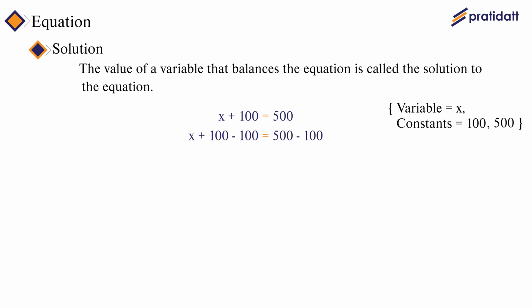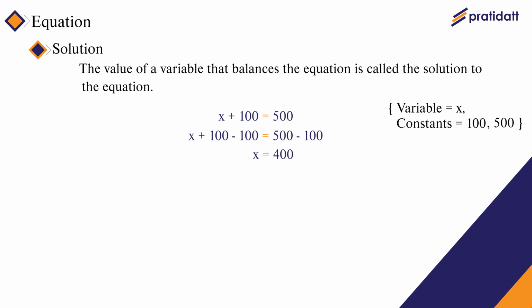Now, the plus 100 and minus 100 will become 0. That is, x plus 0 is equal to 500 minus 100. x is equal to 500 minus 100. x equals 400. Therefore, the value of the variable is 400. And this is nothing but the solution to the equation.